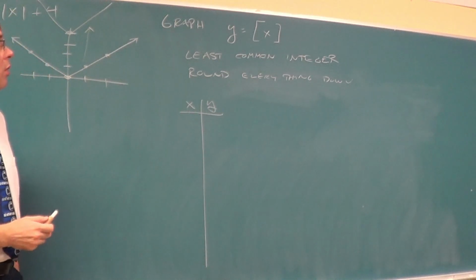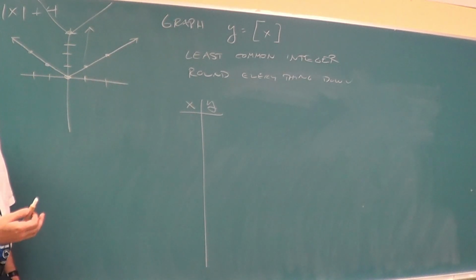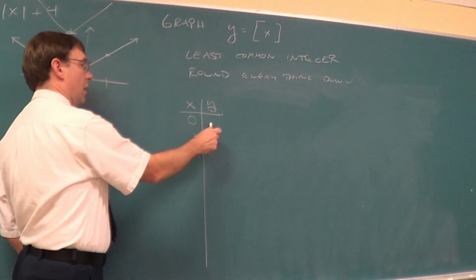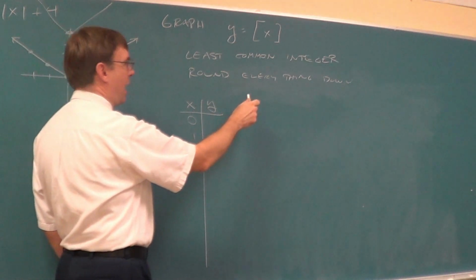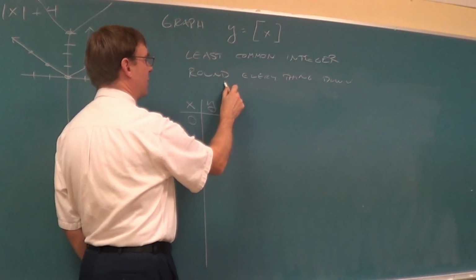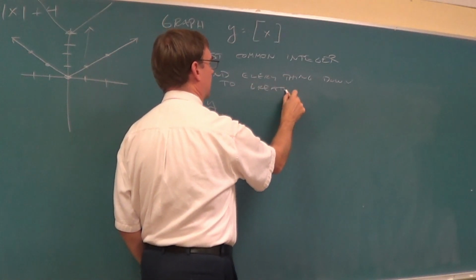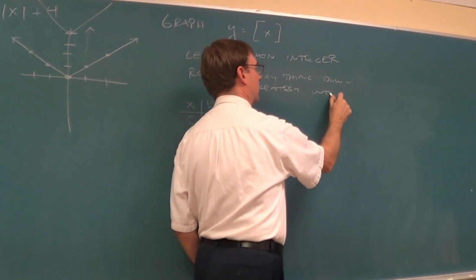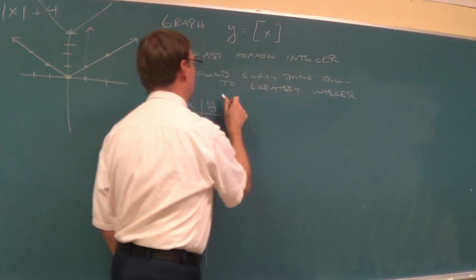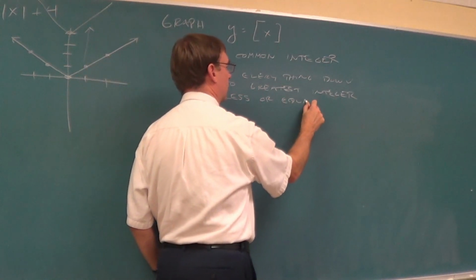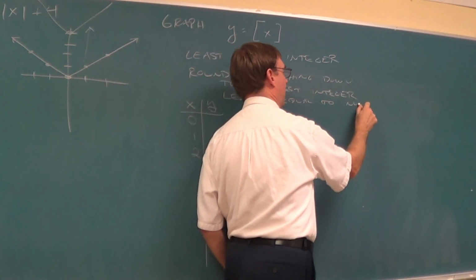Since it's y equals, you can first try to put in 0, 1, and 2. If you round everything down to the greatest integer less than or equal to the number that we start with.